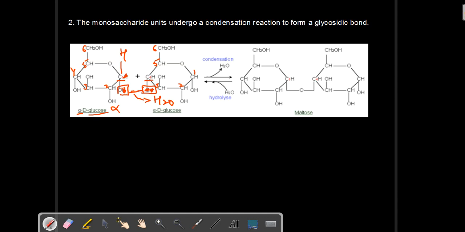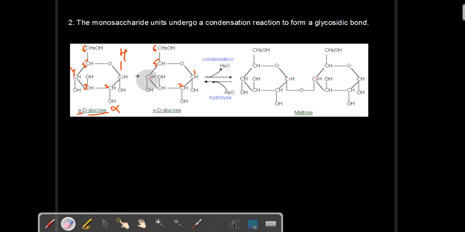This oxygen atom is already bonded to this carbon 1, and it also gets bonded to carbon 4. And this particular bond here, let me just highlight this bond. So this bond that is formed here, between carbon 1 and carbon 4 via the oxygen atom, this is called a glycosidic bond.